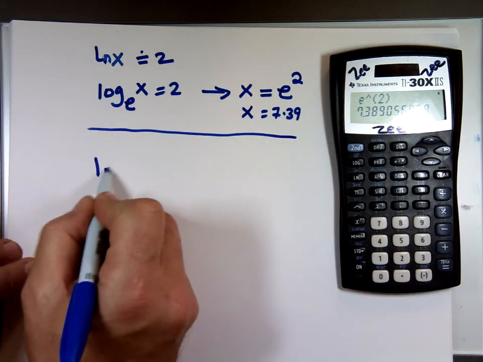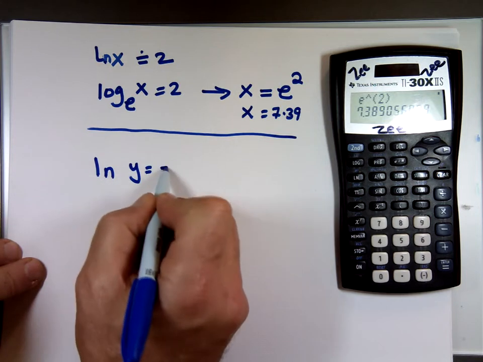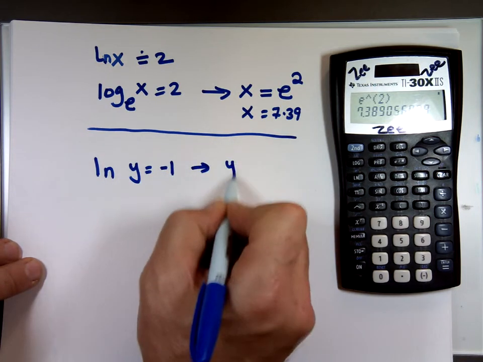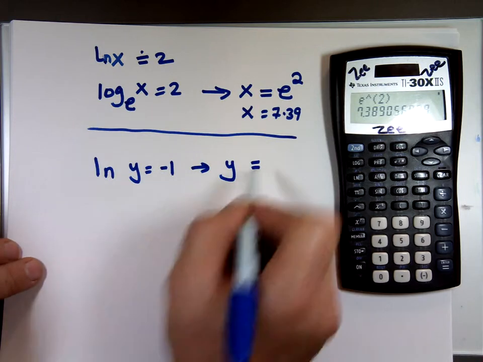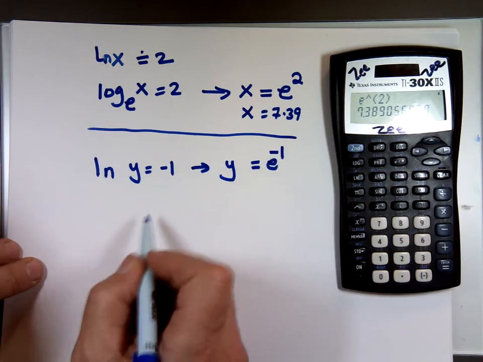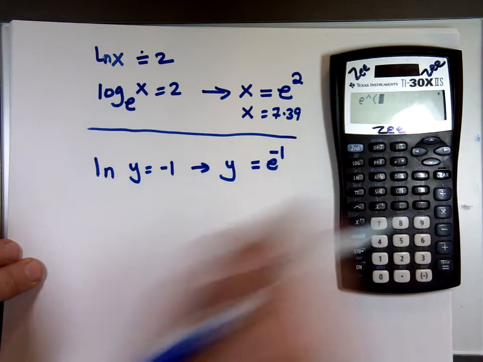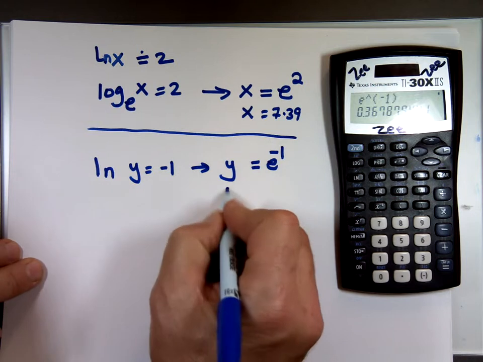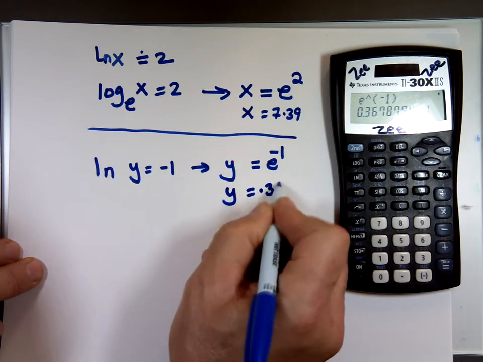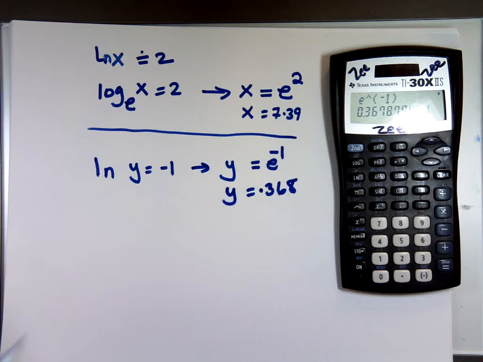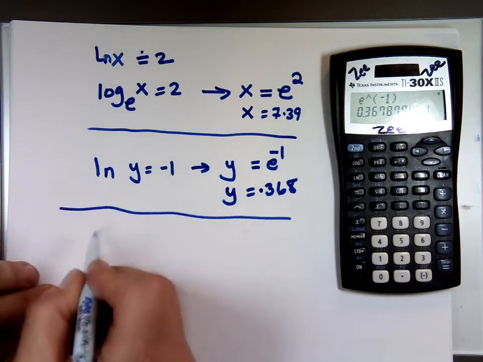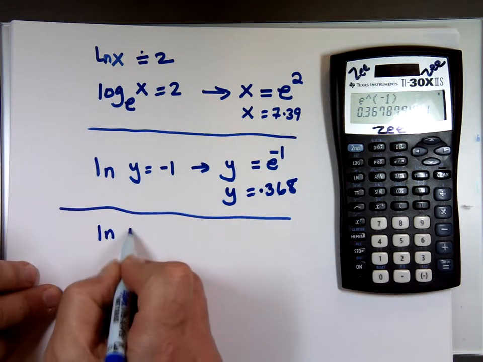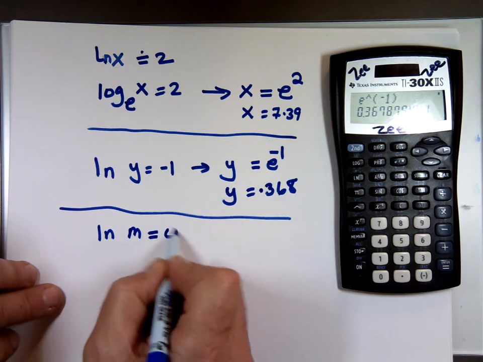If I say the ln of y equals negative 1, what is y? e to the negative 1. e to the negative 1. 0.368 roughly. ln of m equals 0.